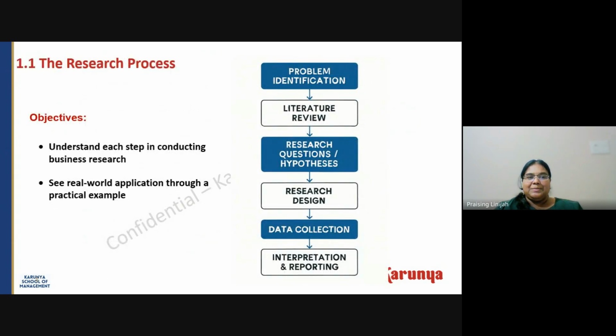Let's get into it. We embark on a fascinating journey through the business research process, right? So, today, the essential roadmap that transforms everyday business puzzles into smart, data driven decisions is supported through research.